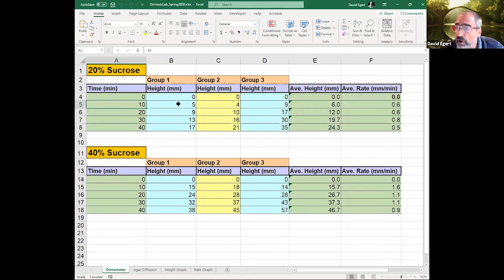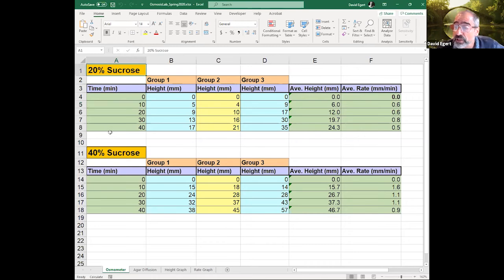This is the raw data, the different groups and what they measured in terms of the absolute height after 10 minutes, 20 minutes, 30 minutes, 40 minutes. This was the average height across the different groups. Average rate is just how much it moved in that last 10 minutes divided by 10 minutes, so you get millimeters per minute.